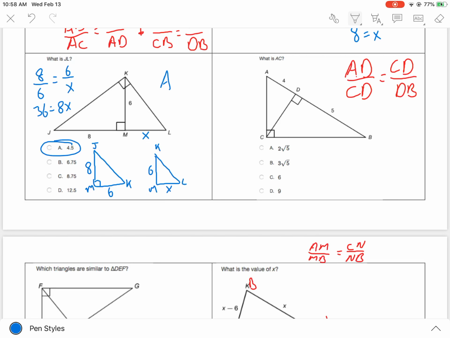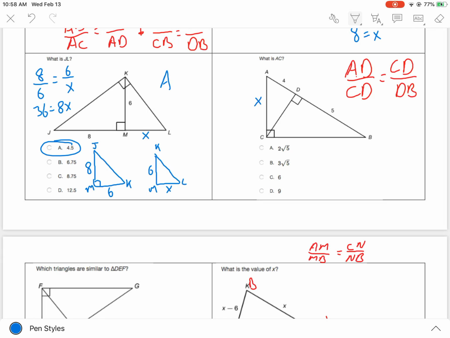What is AC? We know some stuff. I want to find this.